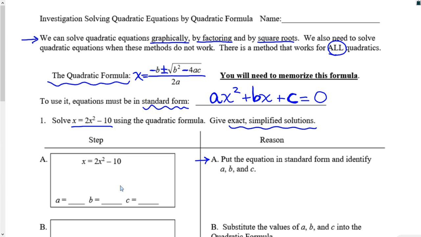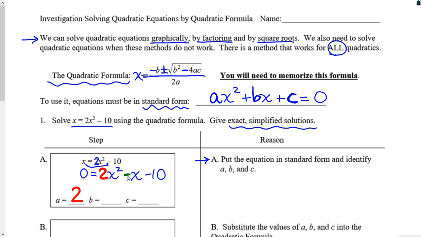So I need it to be equal to 0. I prefer to keep my x squared term positive, so for this one I would move the x over to the right. My 2x squared is going to stay where it is, and my x is going to move over by subtracting x from both sides, so it will now be a negative x, and then the minus 10. I do this so that I can look: my a is the coefficient of x squared, which is 2.